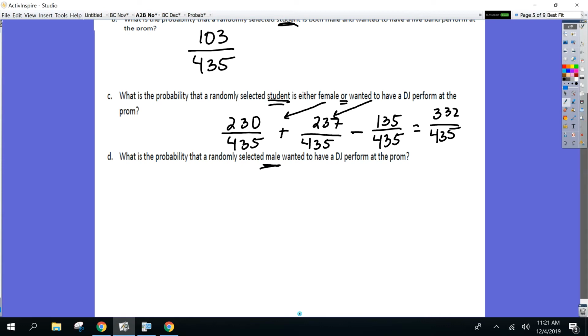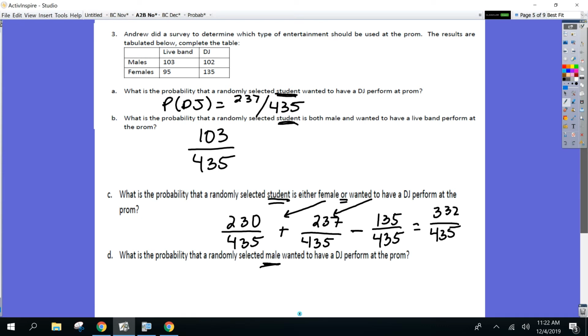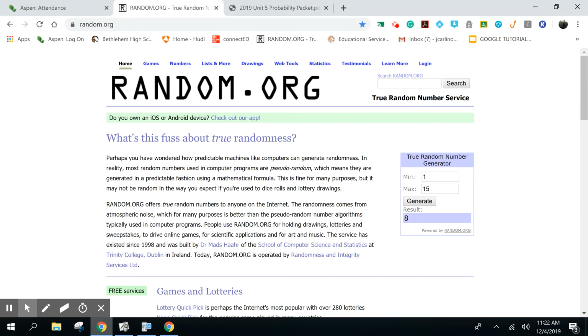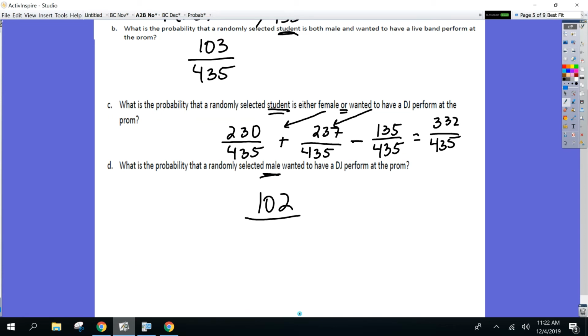All right, well, let's look at our chart. How many males want a DJ at prom? 102, but it's not out of 435 anymore, because now it's a randomly selected male, not student. So 102 out of how many males are present? 205.